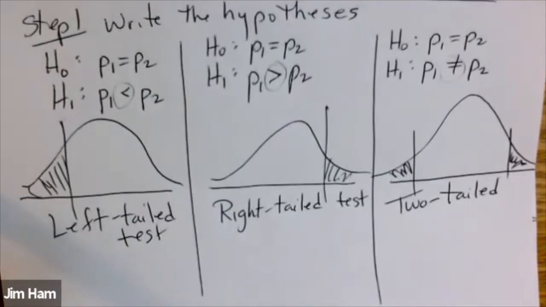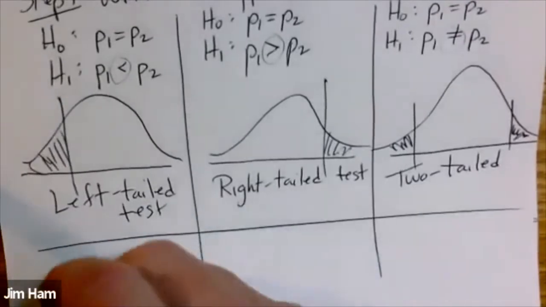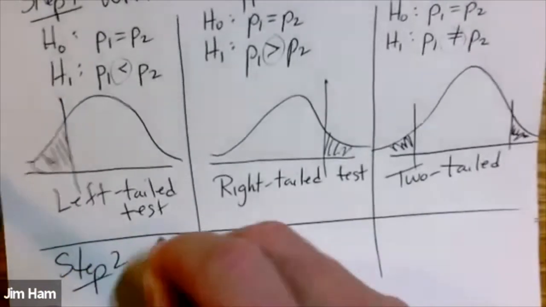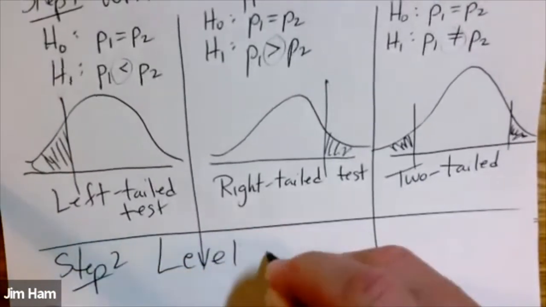What's nice about this is that since you don't have to search for the P0 value, one of these 3 hypotheses you will use in every single hypothesis test in this section, because you're always going to be comparing two population proportions in some way. All right, so step 2 is where we identify the level of significance.